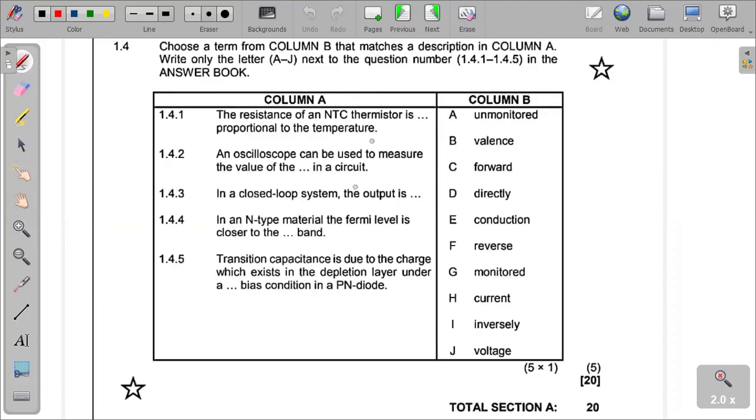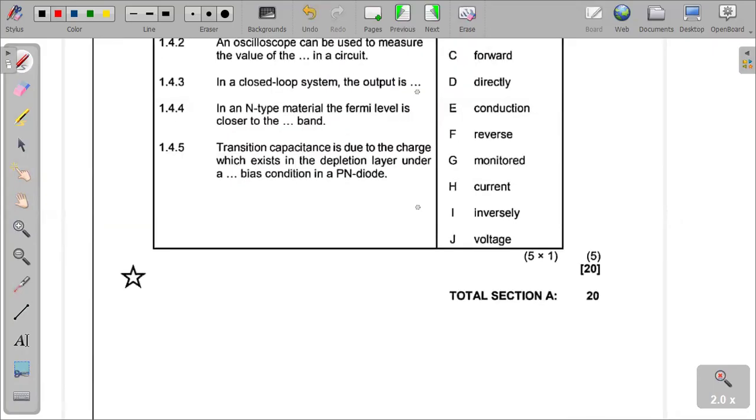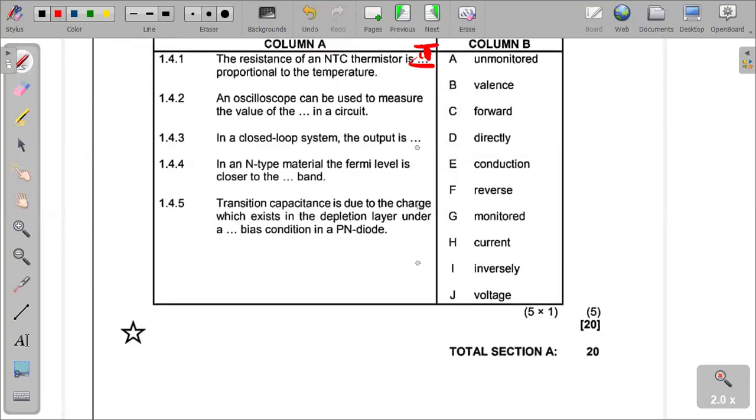That's inverse, so it's inversely proportional. So that's I. An oscilloscope can be used to measure the value of the voltage. So that's J.